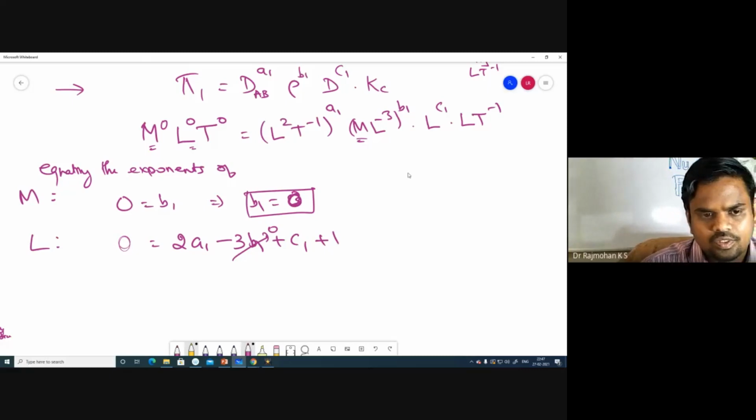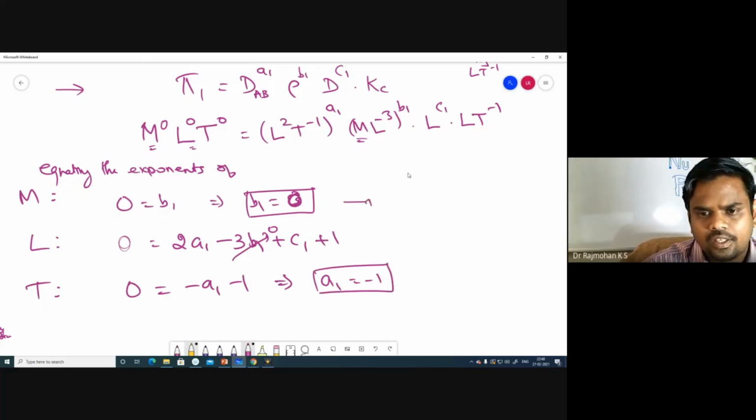Next, comparing the exponents of T, we have here minus a1 and here minus 1, which gives a1 equal to minus 1.